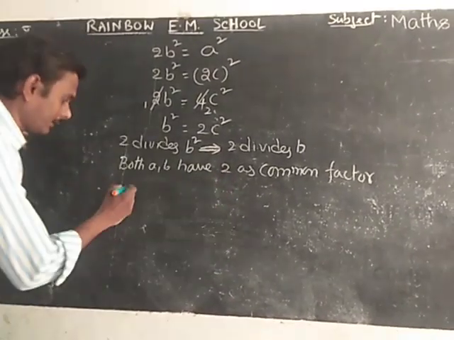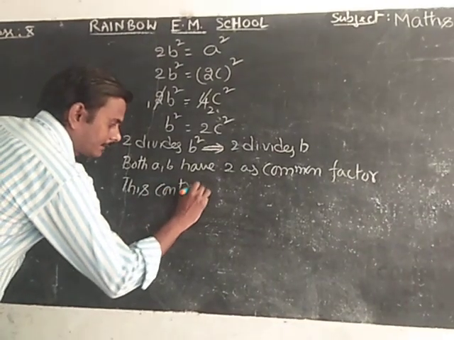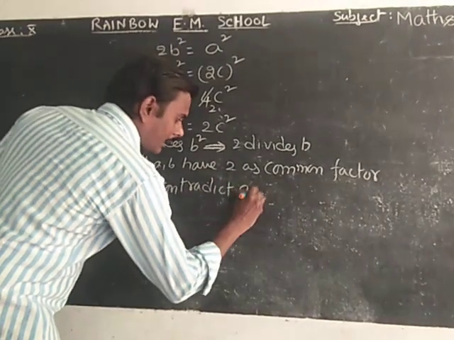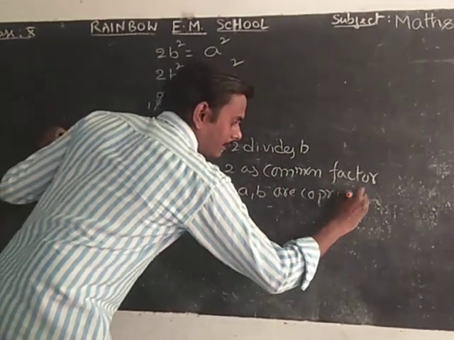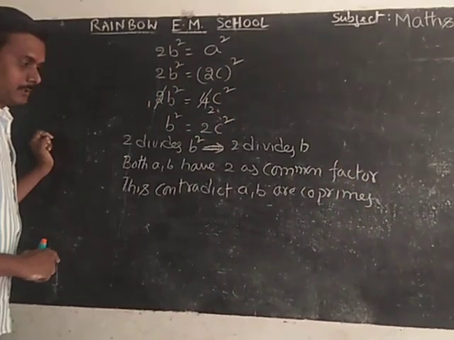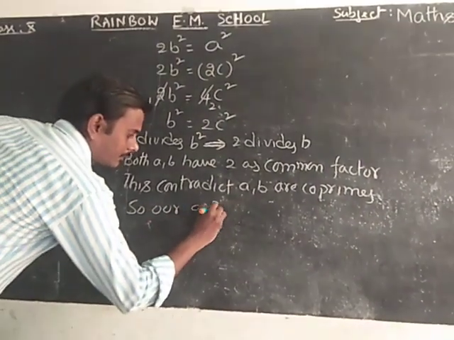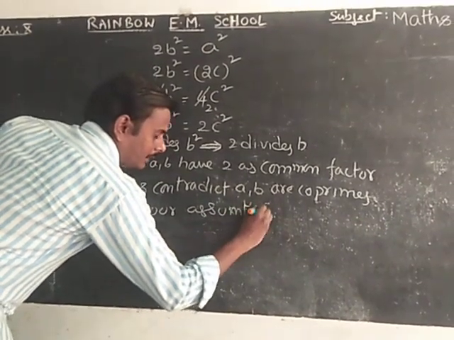So we can write this contradicts a, b being co-primes. So our assumption is wrong.